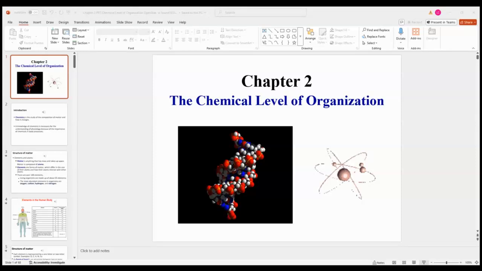But there are 3 circles here, 3 orbits. That's because something we have to learn is that the first, or innermost, orbit can hold only 2 electrons, so 1, 2.